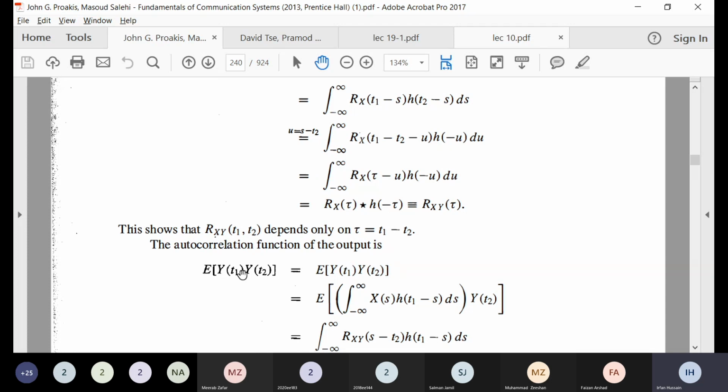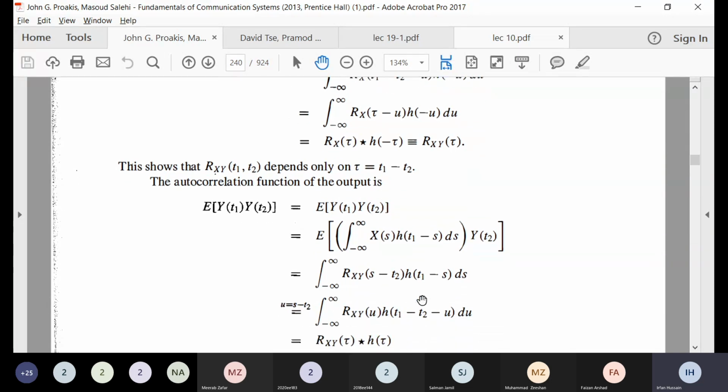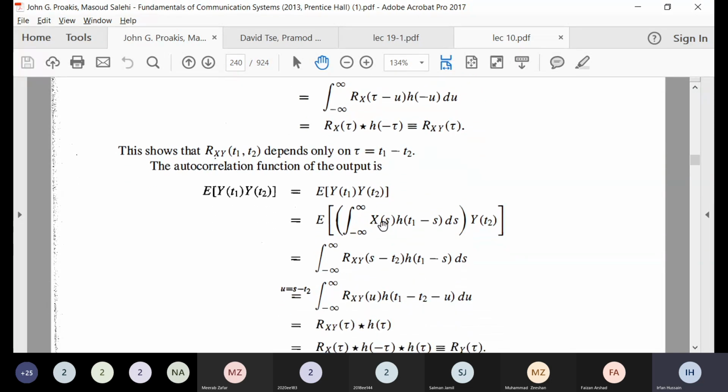Next thing is to find the autocorrelation of the output. So again, output is here. So XY with E, they will become cross correlation S minus T2. This remains the same.